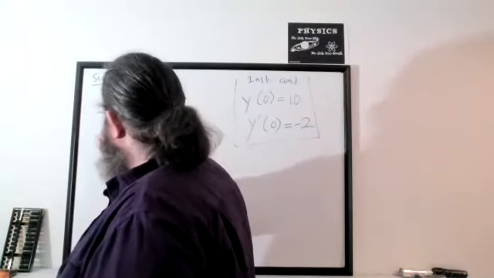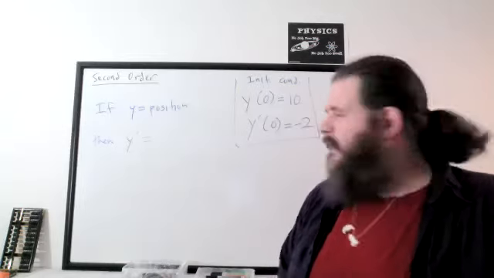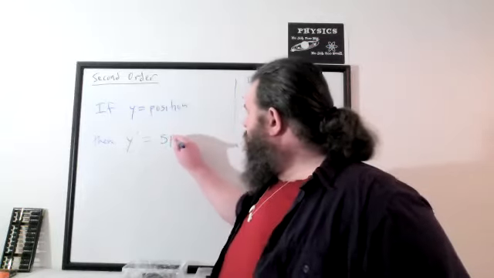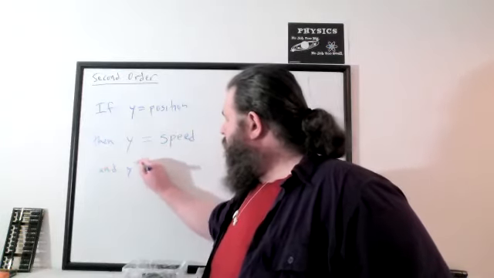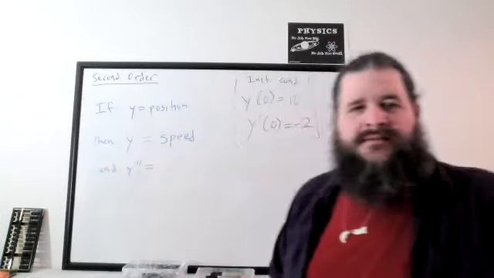If that's the derivative of y with respect to time, what would we call that? It would be speed. Yeah, that's the speed. And then if you take the second derivative, what would that be? That would be acceleration. Yeah.